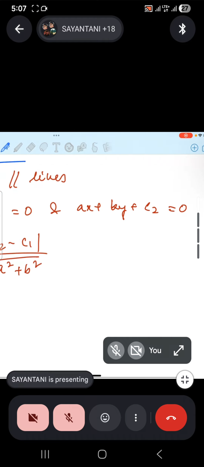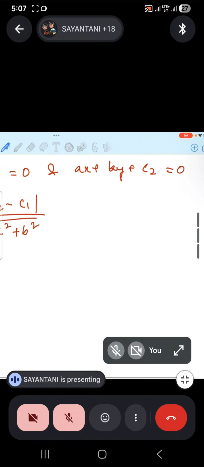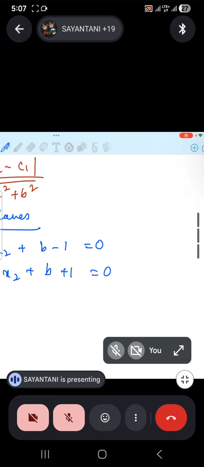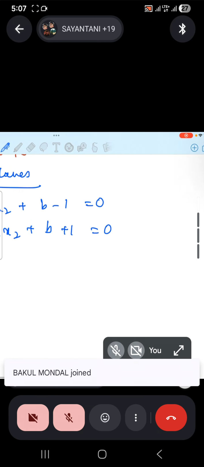Similar to this, for two hyperplanes, suppose w1 x1 plus w2 x2 plus b minus 1 equal to 0 and w1 x1 plus w2 x2 plus b plus 1 equal to 0 are the two hyperplanes.